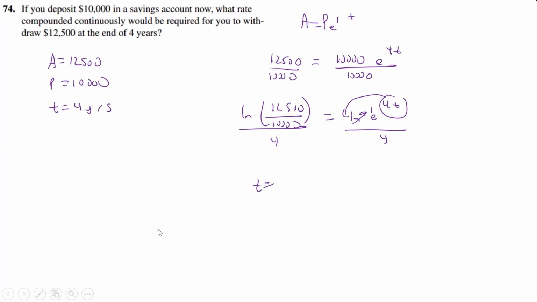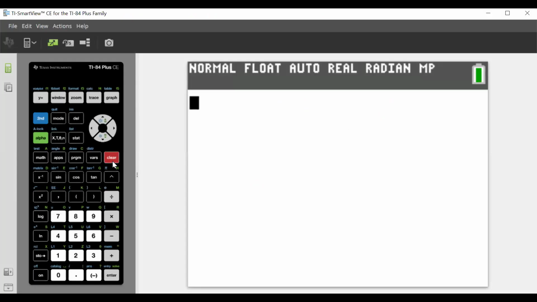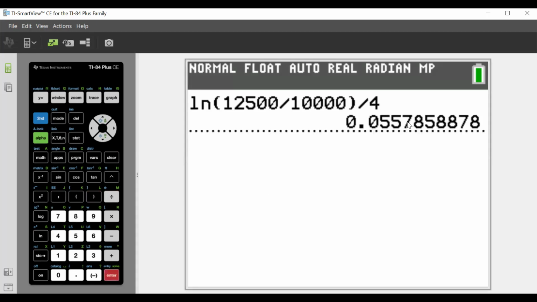All right, so let's type that into our calculator. Let's clear all that out. And so we had the ln of 12,500 divided by 10,000, divided by 4. So our rate is actually, did I say it was rate or time? This should be a rate because we had time already. 0.05579.